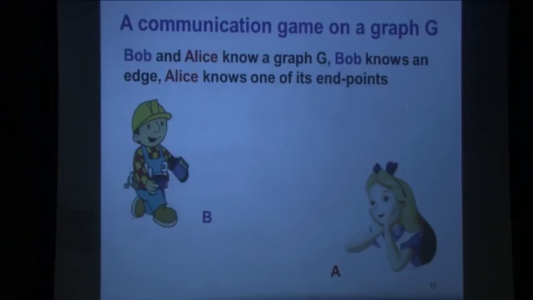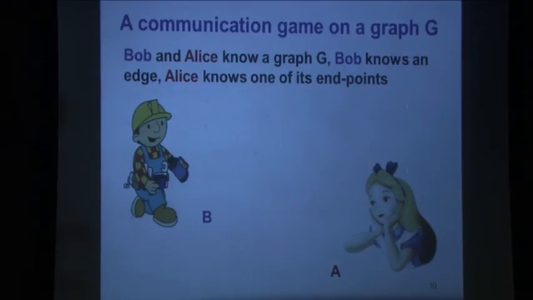Now the situation is that Bob knows an edge of the graph, and Alice gets one of the endpoints of this edge. She knows an endpoint of the edge, and she wants to transmit some information to Bob so that he will be able to tell which endpoint it is.